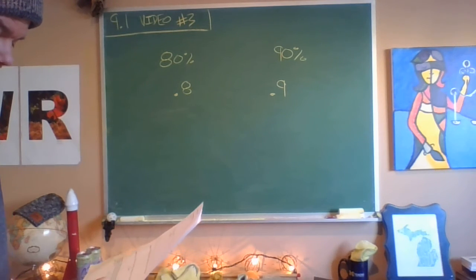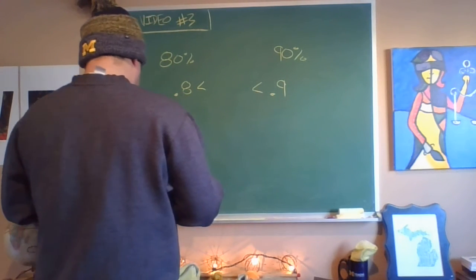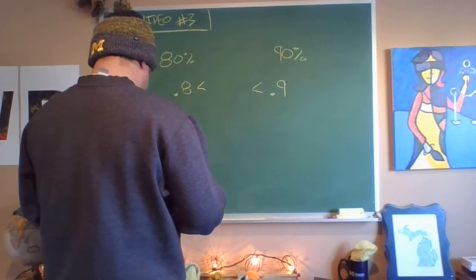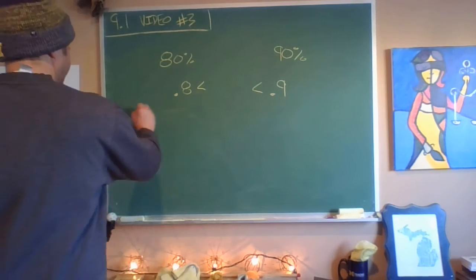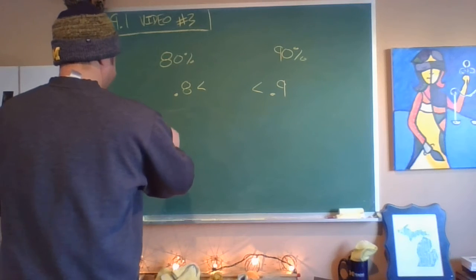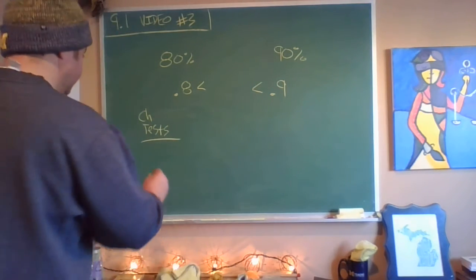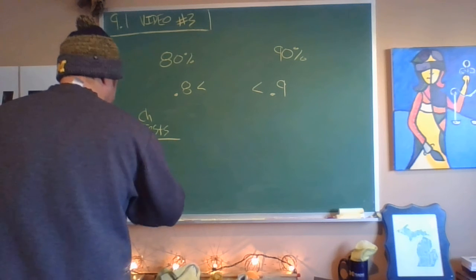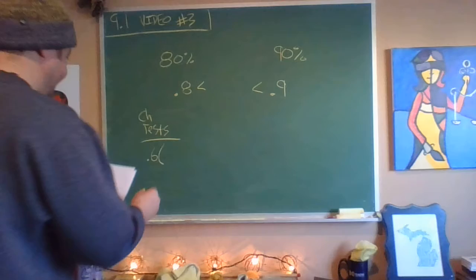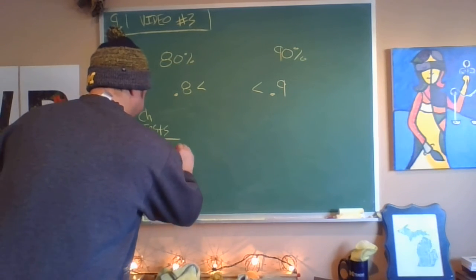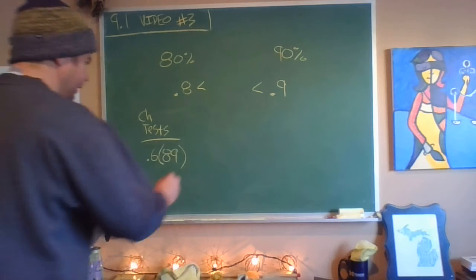You have an average of 89% on chapter tests, and chapter tests is 60%. So you've got 0.6 times 89. So you've got 89% of your chapter test, that's 60% of your grade.